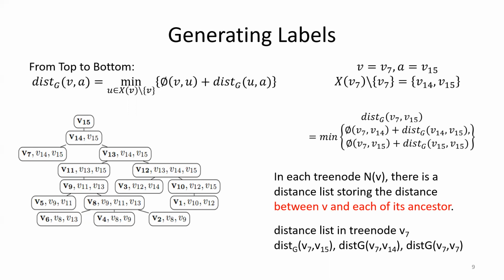While the position of each ancestor is its tree height. So we can see that the tree node V15 has height 1. Then the distance from V7 to V15 is at position 1.